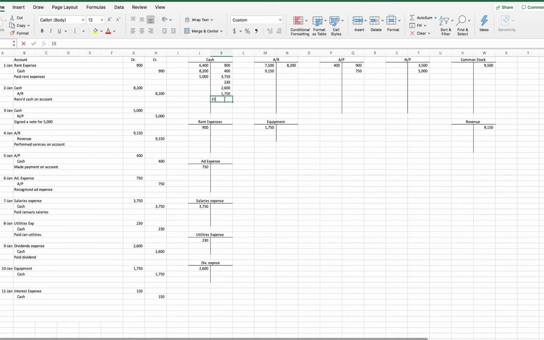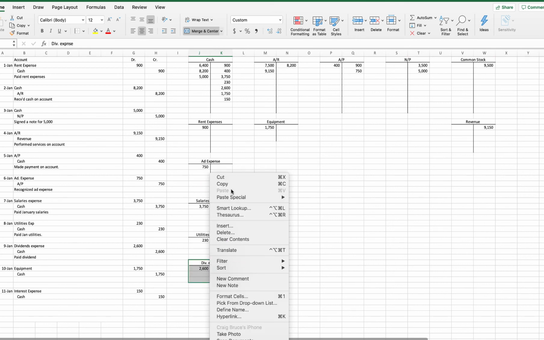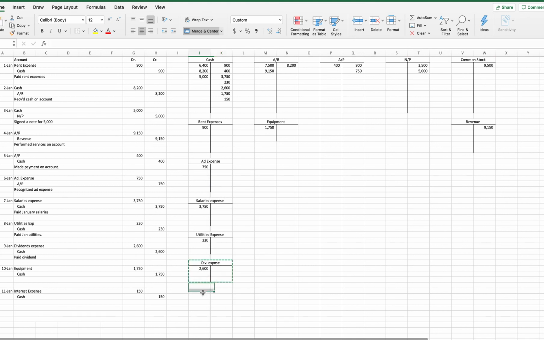Okay, no problem. Credit cash 150. Oh, darn. Don't have an interest expense account. Got to create one. I'm just going to copy and paste the previous one. It just makes it easier on us. You could do the same thing as well. Just make sure you change your information. So I have interest expense in the amount of $150.